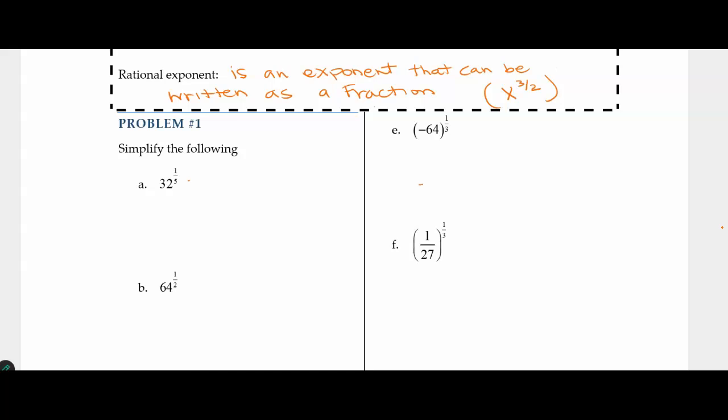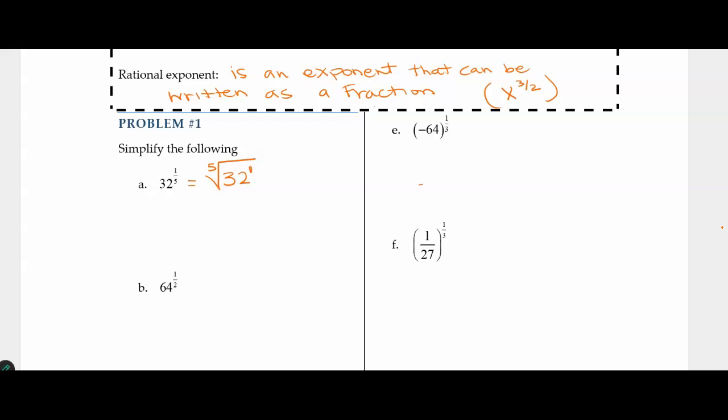So here, if I change this to a radical, it would be the 5th root of 32 to the 1st power. So notice that that denominator tells me what my root is going to be, that type of radical or the index, and the numerator of that fraction is going to be the exponent inside.